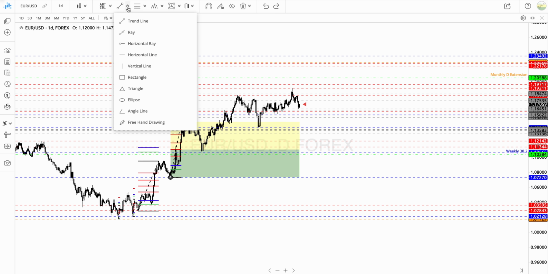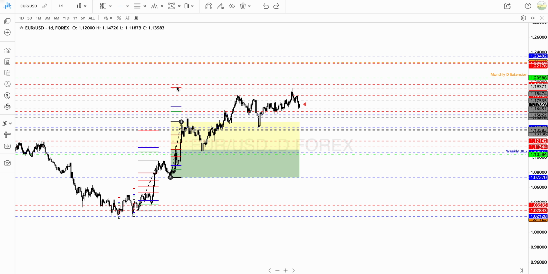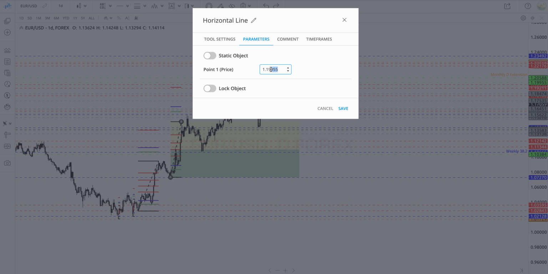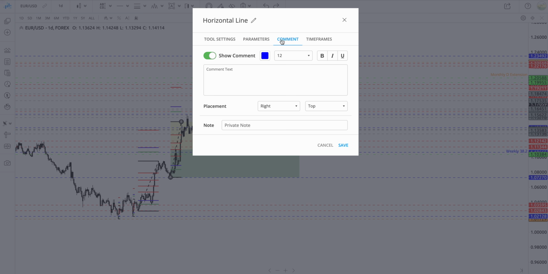Our D extension sits at 119, let me hover over it, 119,299. So we'll put this 119,299, and this is daily D extension. All right, so let's label it daily D extension.